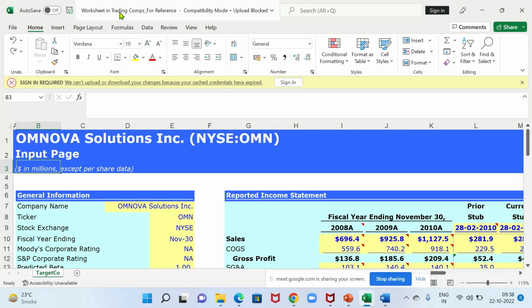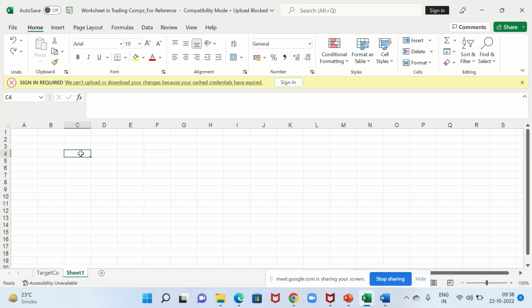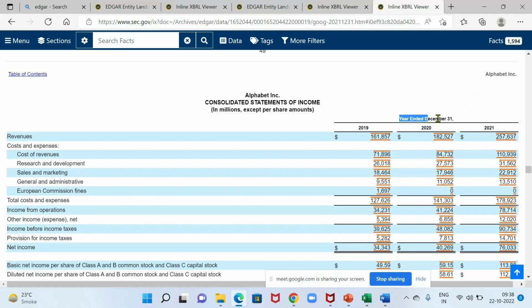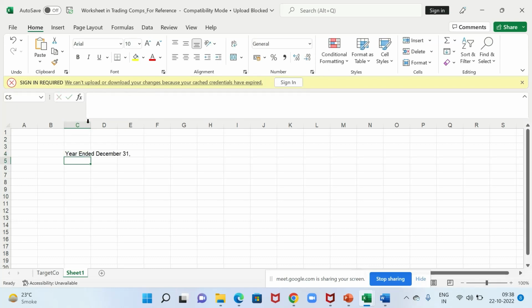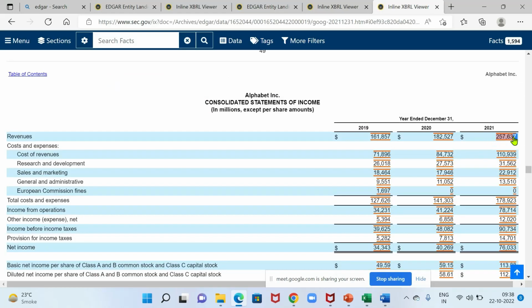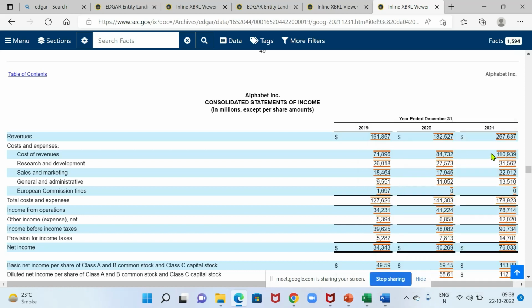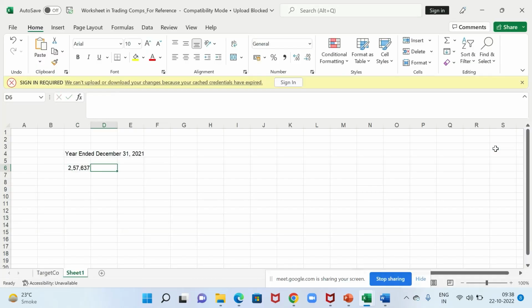Let's take it in Excel. So what is this number? 257637.